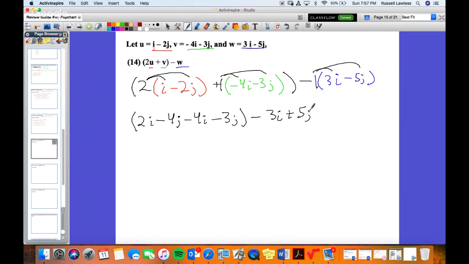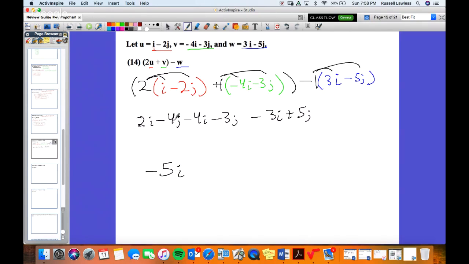From there, we're just going to simplify everything by adding all of the i's together and all the j's together. So we have 2i minus 4i minus 3i. 2i minus 4i is negative 2i, minus 3i is negative 5i.